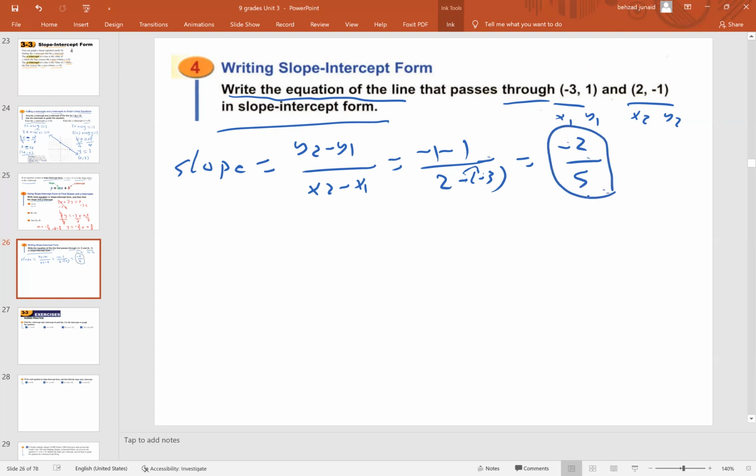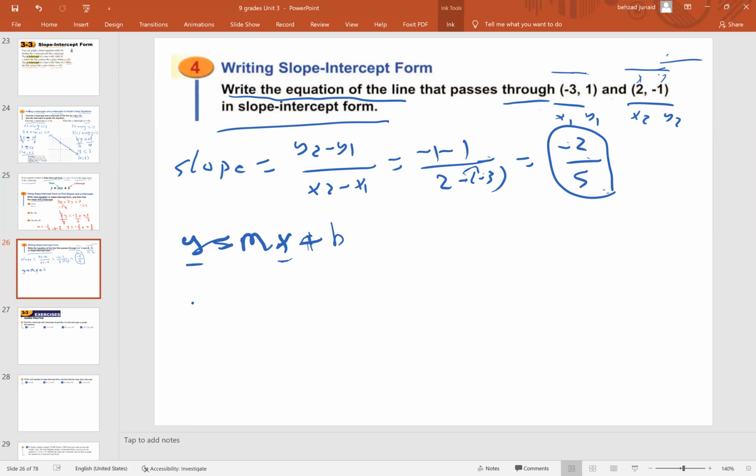And also you can say the slope equals negative 2 over 5. When you found the slope, guys, we're going to write down the rule of the slope-intercept form. Y equals mx plus b. So instead of y and x, we can take any pair of the points here. Let's take the second one. This x, this y.